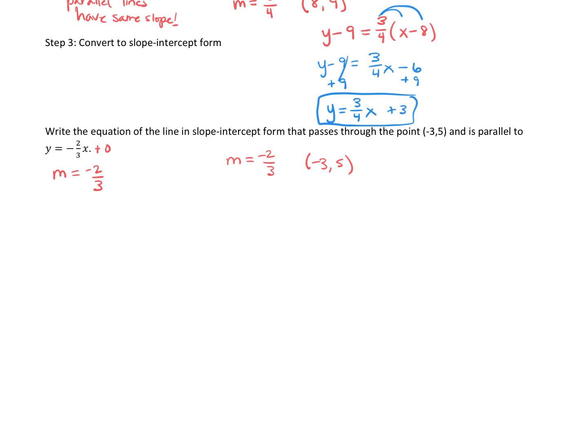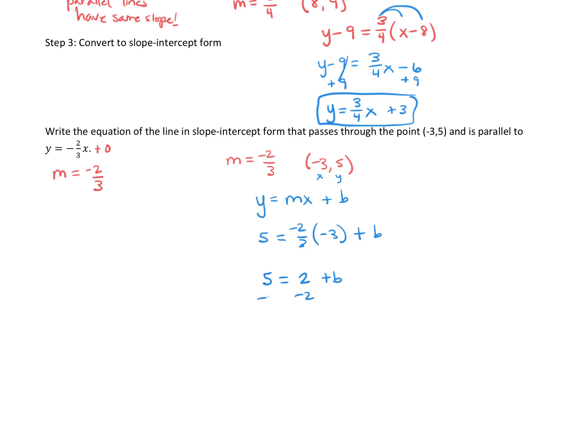But if you remember, we found the y-intercept by plugging into slope-intercept form. Here's an x, here's a y. So we're going to plug the 5 in for y. 5 equals our slope, negative 2/3, times the x from our ordered pair, negative 3, plus b. 5 equals negative 2/3 times negative 3, which is a positive 2.